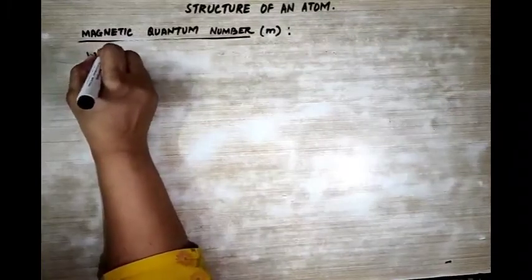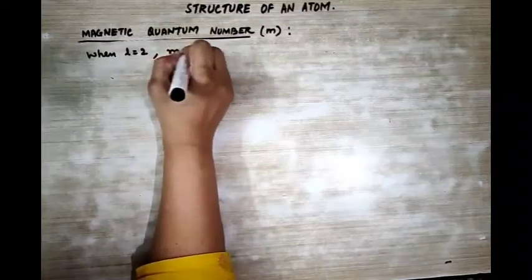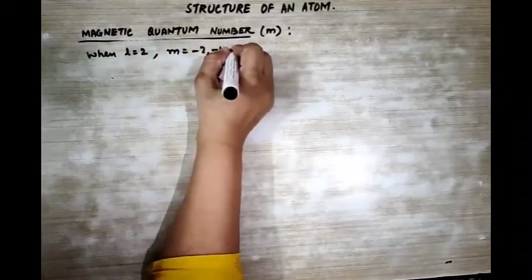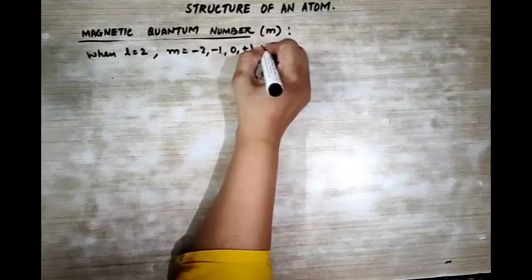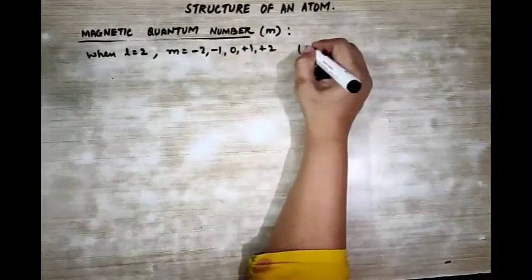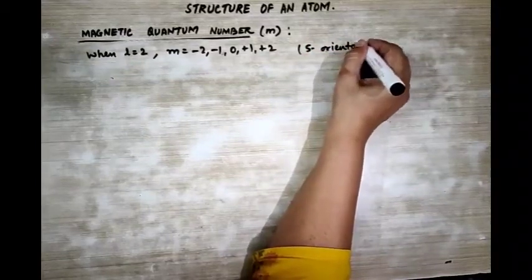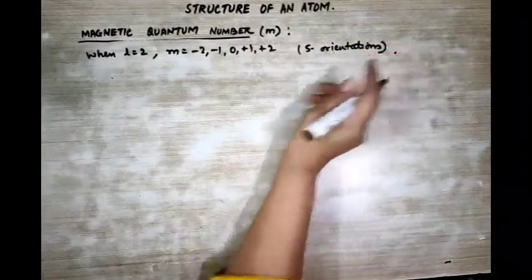Now, when l is equal to 2, then m is equal to minus 2, minus 1, 0, plus 1, plus 2. How many orientations? 1, 2, 3, 4, 5. 5 values of orientations. Is this clear?